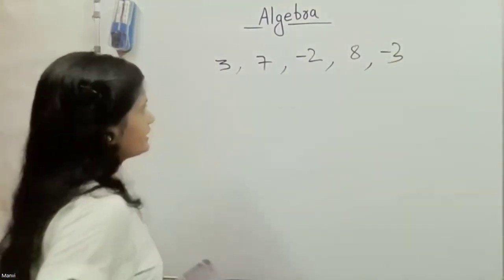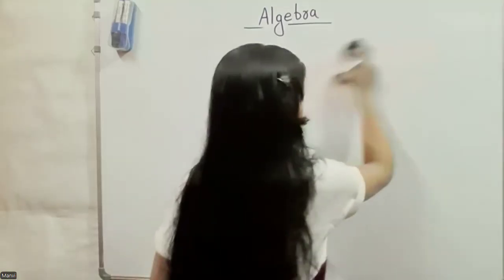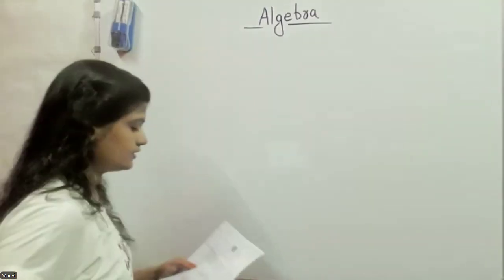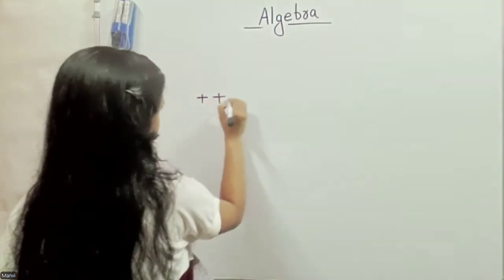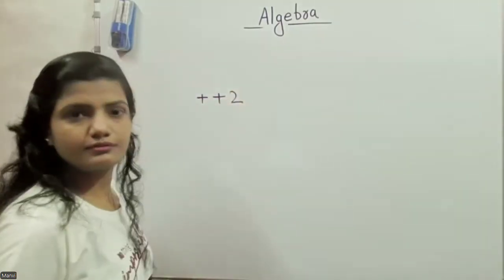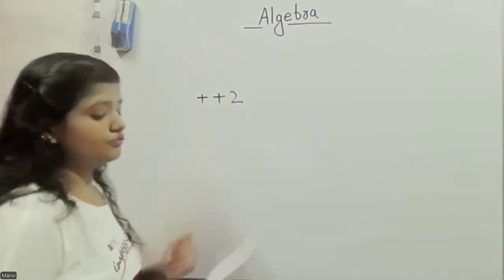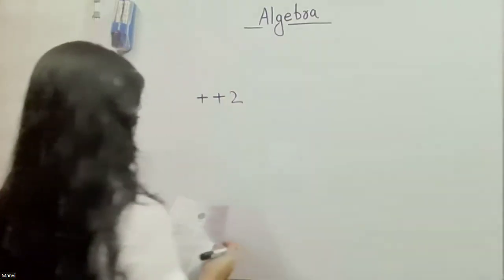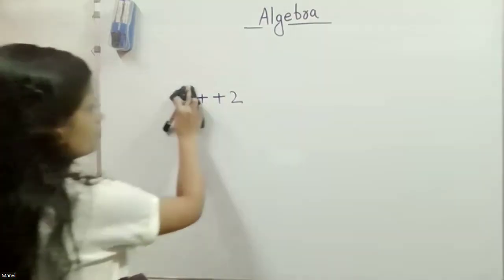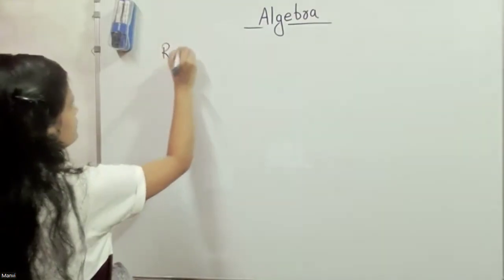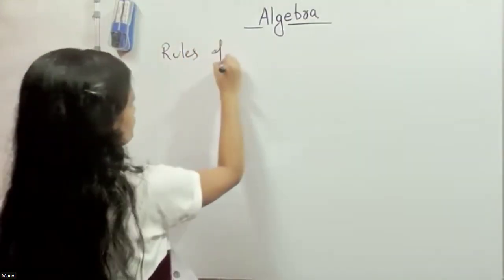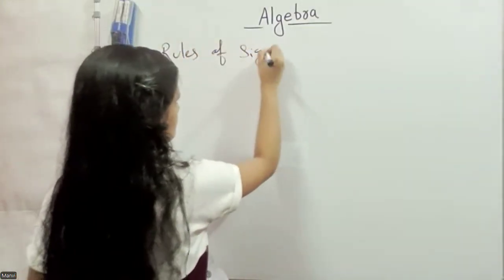So we can easily distinguish between positive and negative numbers. Sometimes we may write like this way: positive, positive. So for this, we need to learn about the rules of sign.